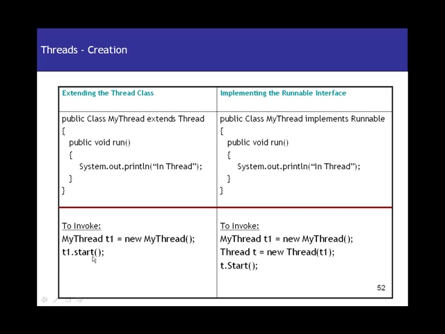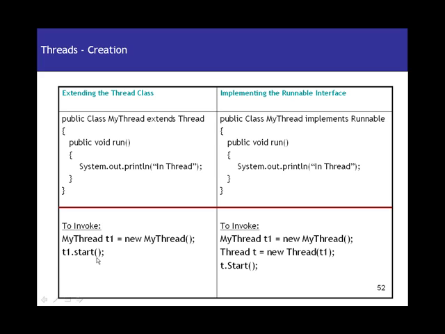Basically, start is not a real method in your thread class which you write, but the actual method is the run method. But when you try to invoke your thread class, you say t1.start, right? This is because your thread is a special class, right? It's not a normal object. It's a special object, right?